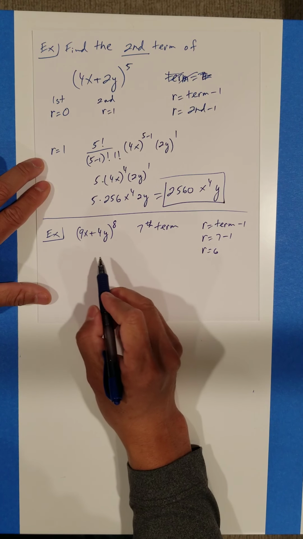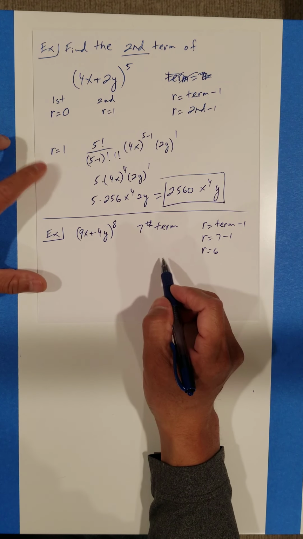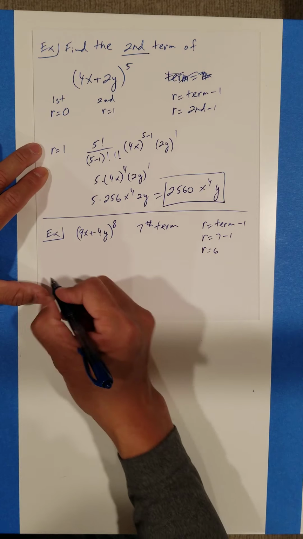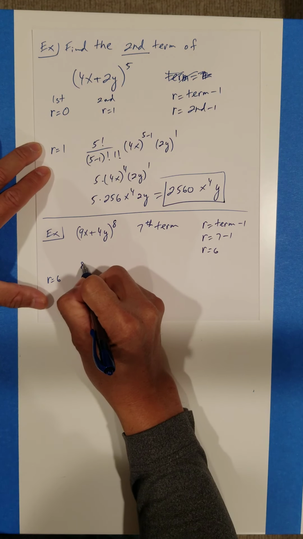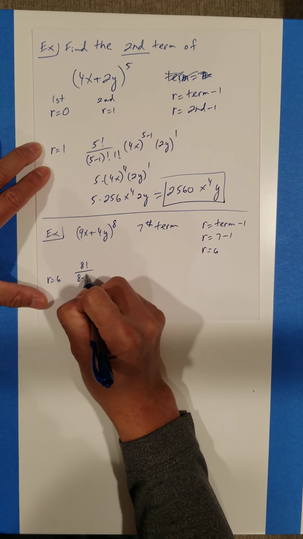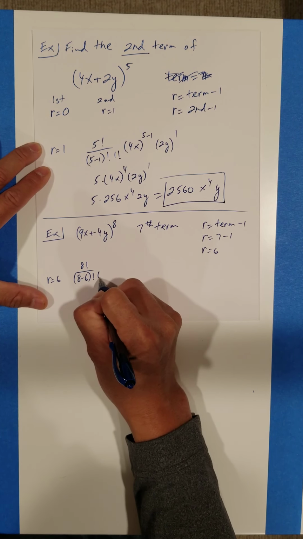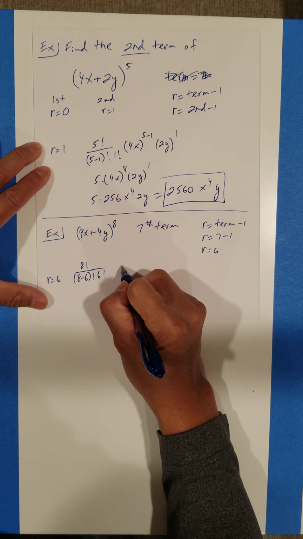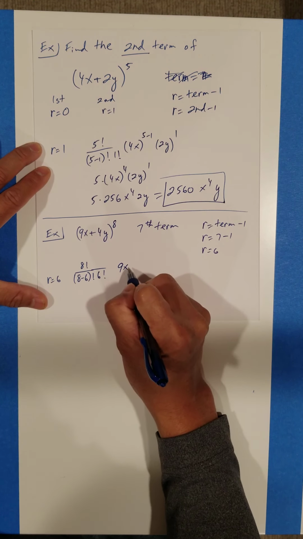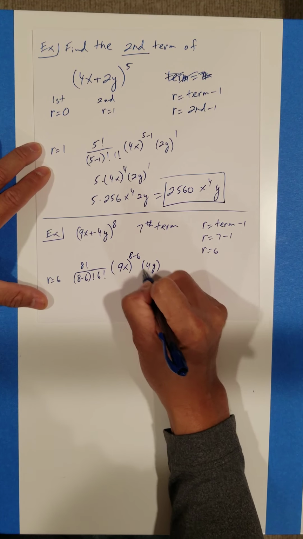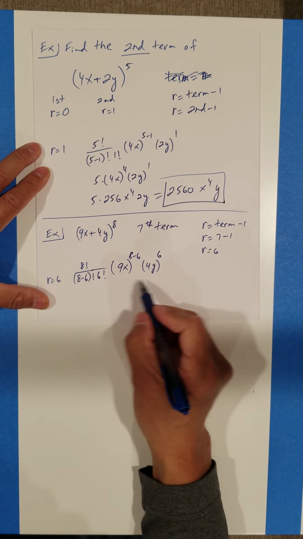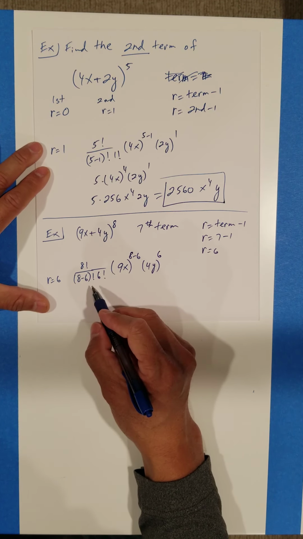So I want to use this formula when r is 6. So when r equals 6, I'm going to have 8 factorial over (8 minus 6) factorial, 6 factorial, and then (9x) to the 8 minus 6, (4y) to the 6. And so you just got to evaluate this and you'll get your answer.